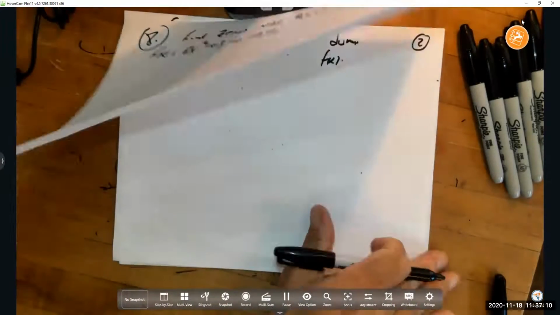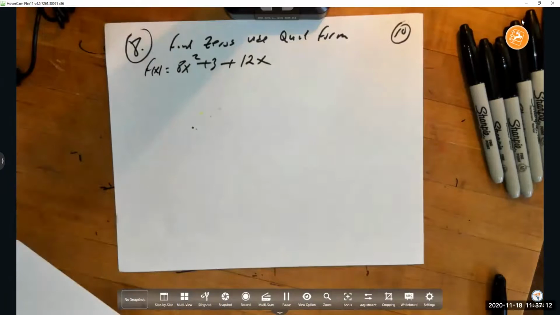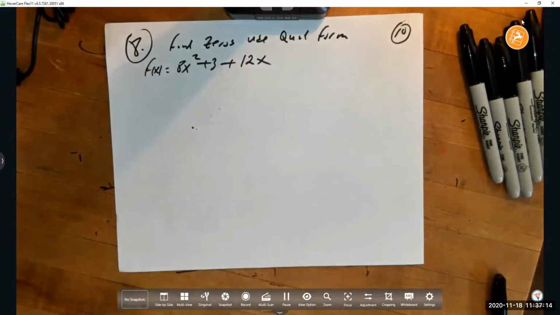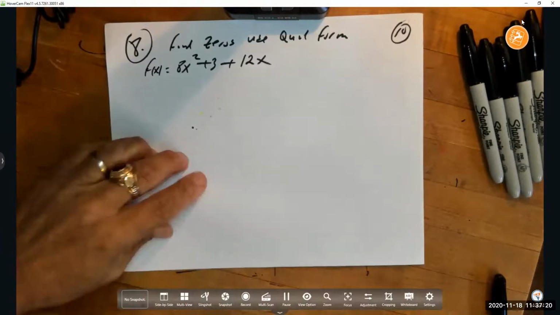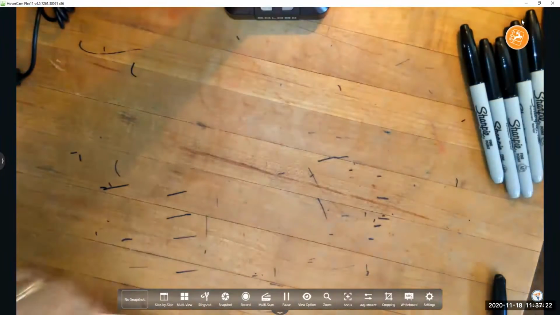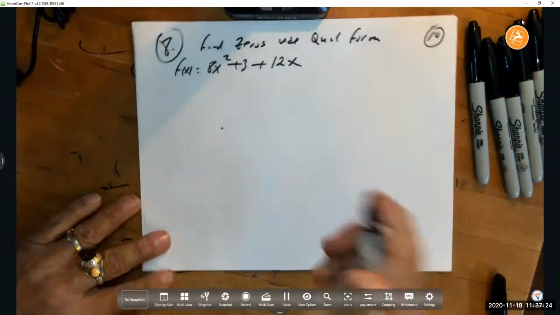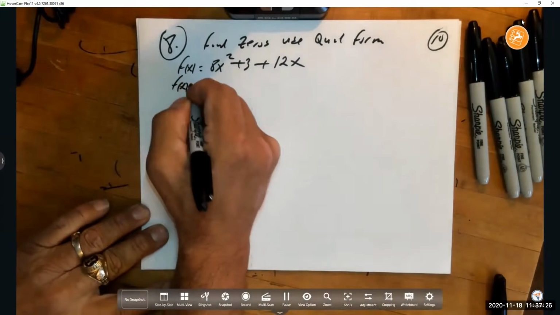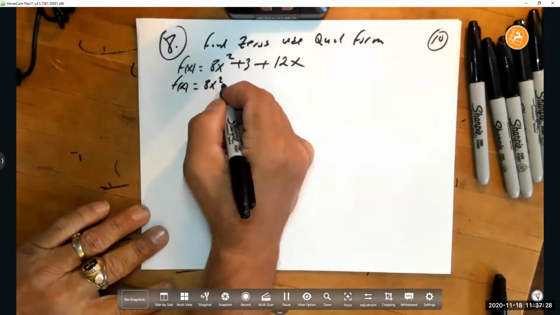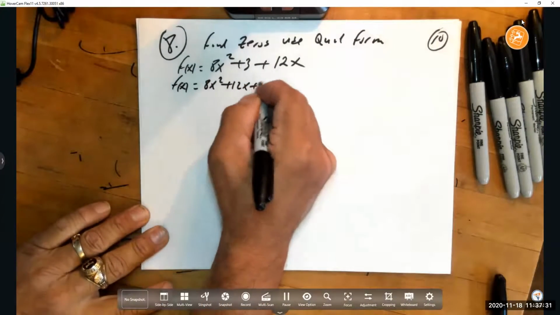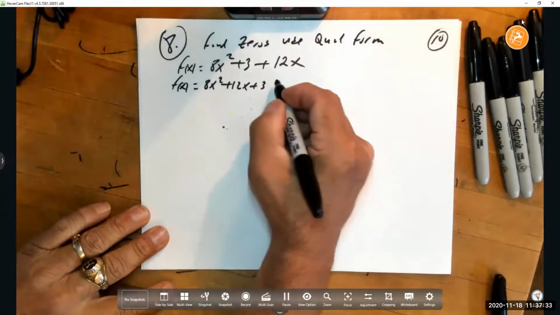All right, so I'm going to rewrite it because it's not in the right form. So f of x equals 8x squared plus 12x plus 3. I just rewrote it.